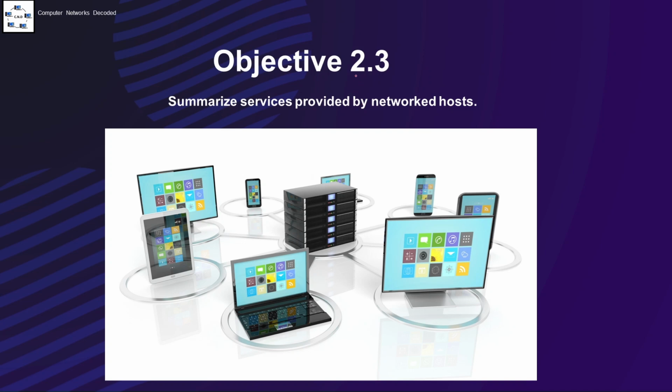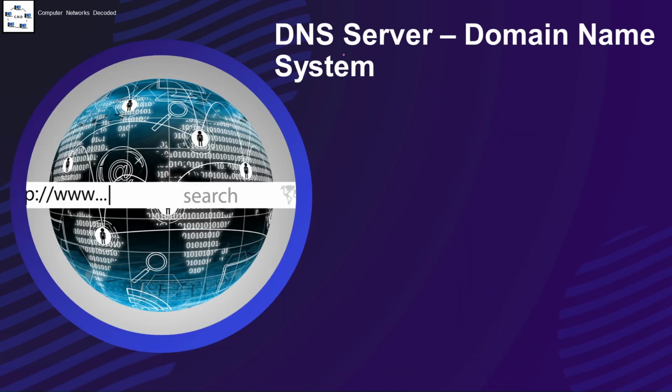So objective 2.3, summarize services provided by networked hosts. And the first service is the DNS server. The DNS server provides the DNS service, that is domain name system. DNS basically translates your domain names to IP addresses, such as when you type www.google.com, that is a domain name and that is translated by DNS to an IP address such as 192.168.1.1.